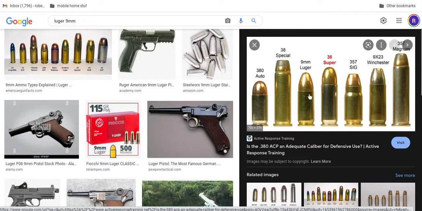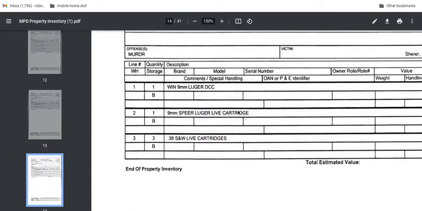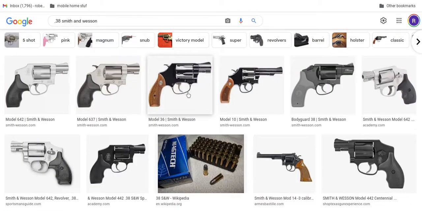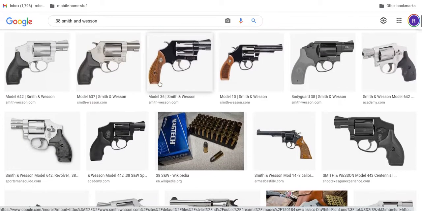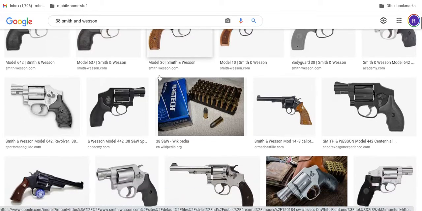Okay, here's a 9mm. Here's a 38 Special. 38 Super is different too. But 38 Special, the Smith & Wesson, it appears was a 38 Special. And they found 3 38 Smith & Wesson live cartridges. 38 Smith & Wesson pistol looks like this though. Okay, it's a revolver.